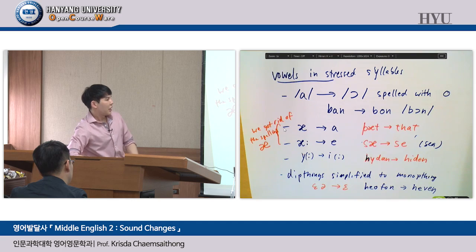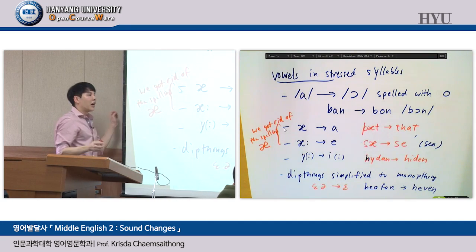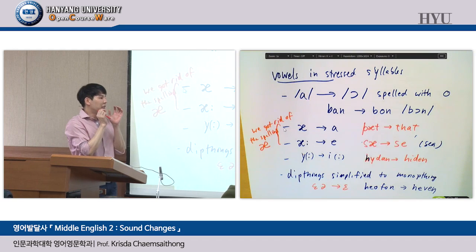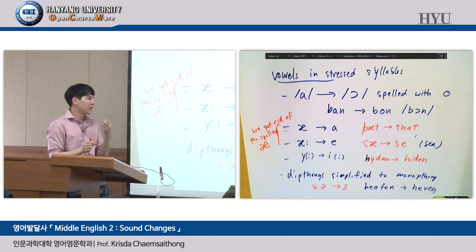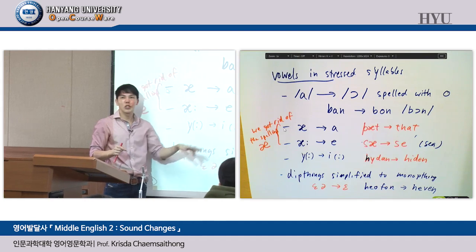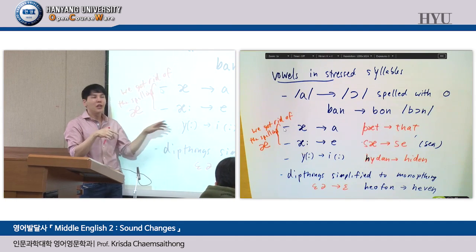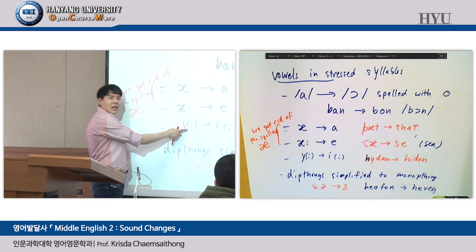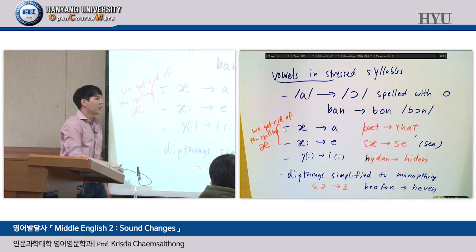Finally, you remember the Y symbol? The sound that you have to round your lips, like this, very difficult to pronounce. And similar to E, right? This E you spread like that, but this E you round your lips. So people don't round their lips anymore. In Middle English, they just spread their lips, right?